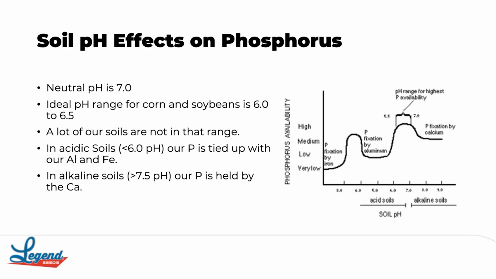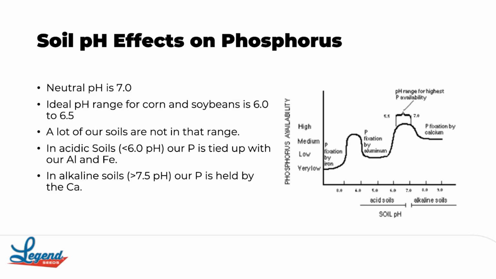Just some basics, pH in general, 7 is neutral. So think of that as your base. Ideal for your corn and soybean plants is around that 6 to 6.5, give or take a little bit either way. That's the range when that plant enjoys it the most.